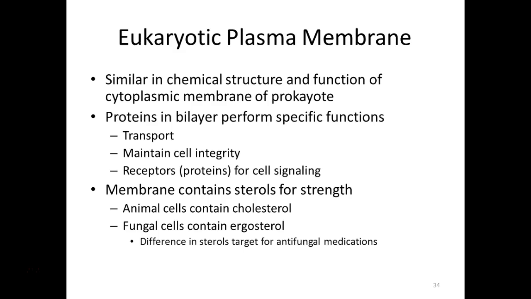Either stop the cell being able to make it or to interfere with its structural ability. And again, if a cell can't maintain its membrane, it's going to burst and die. So that's one of the ways that we can destroy fungal cells, is attacking the difference between us and them, right? We can target that ergosterol. We don't have that in our membranes, just fungi do.